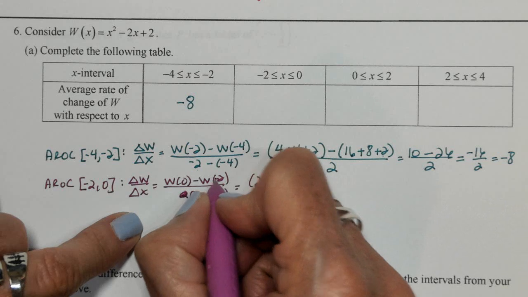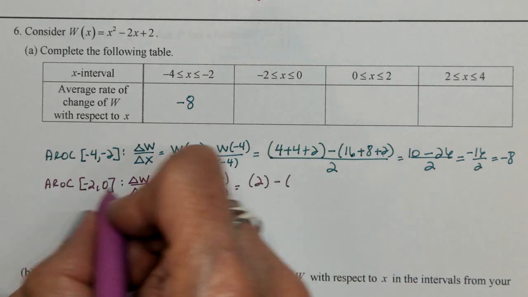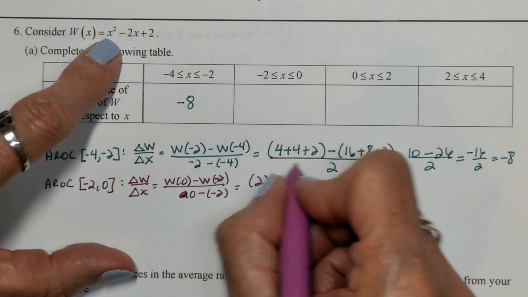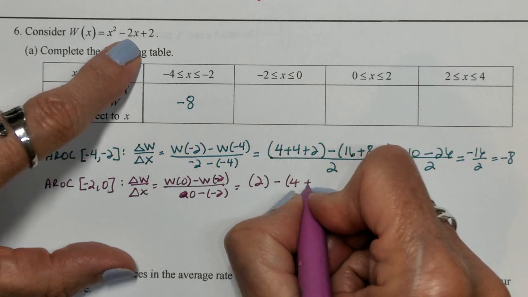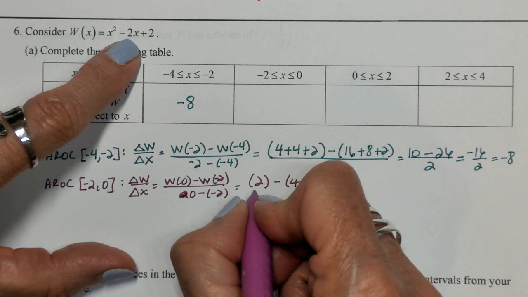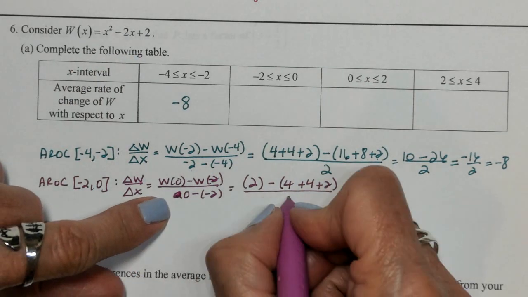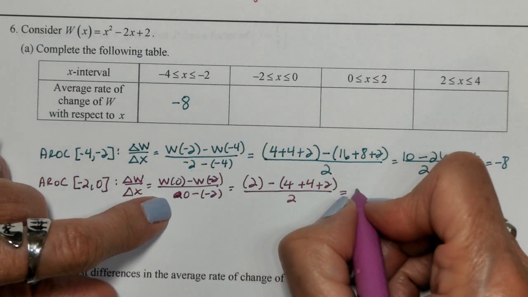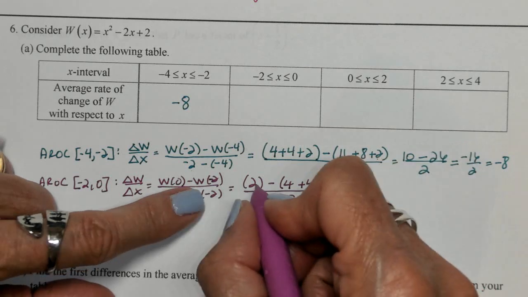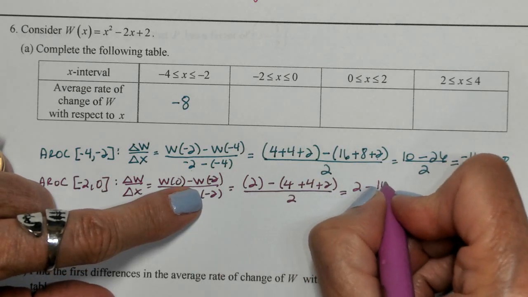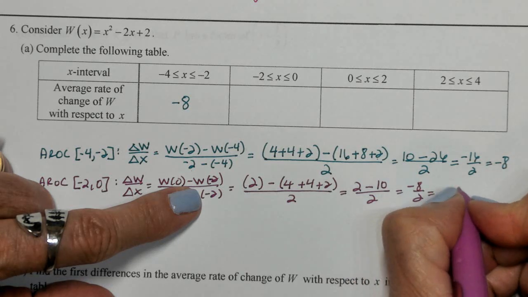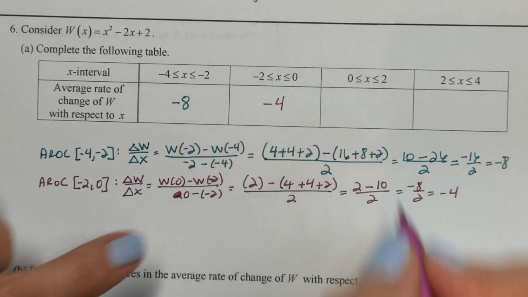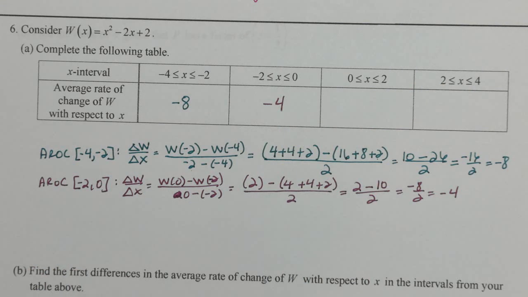We just did find it right here, so 4 plus 4 plus 2, all over 2. So that is 2 minus 10 over 2, that's -8 over 2, or -4.